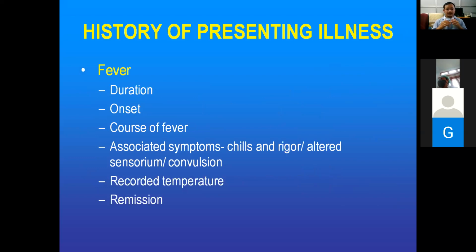Then associated symptoms, like chill and rigor, as in case of UTI, pneumonia, or follicular tonsillitis, or if there is altered sensorium or convulsions, then we might be dealing with some central nervous system involvement. Also, if the parents have recorded the temperature, it can be noted. Then remission: whether it remitted abruptly or with some medication.